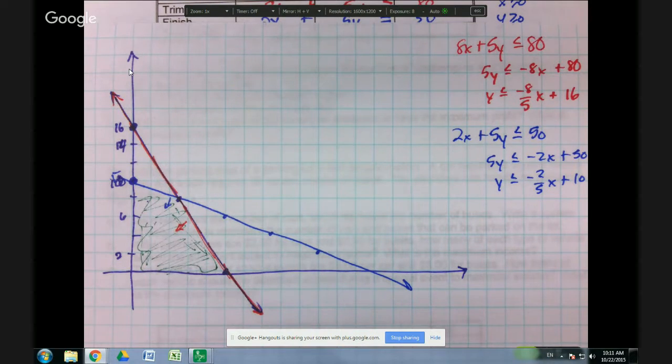Now graph that. Yep. Run down to, yeah. That's fine.